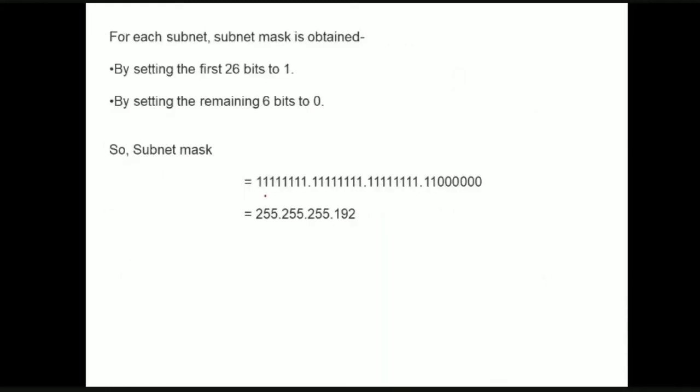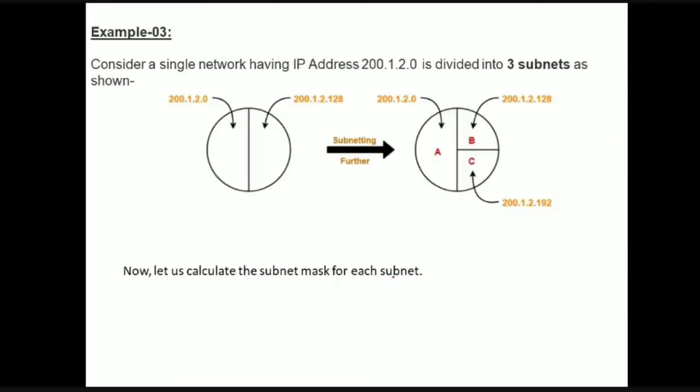So these are 24 ones plus 2 bits for the subnet ID part, so 255.255.255.192. This is how we represent the subnet mask. Okay, it is clear.